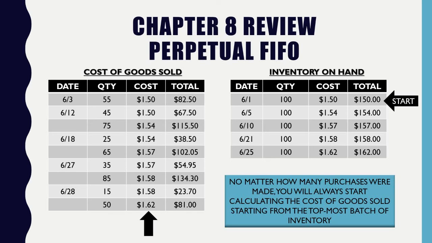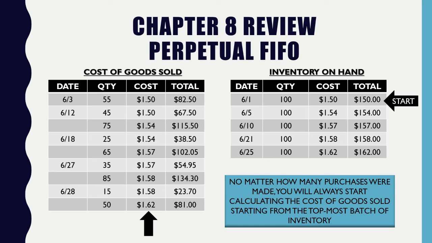When we're dealing with perpetual FIFO, what you're going to be noticing is that you are going to be having an introduction for the cost of goods sold here. So we're constantly doing our cost of goods sold. And what we're doing is we are looking at our batches of inventory and we're going to sell them from the first batch that we buy.